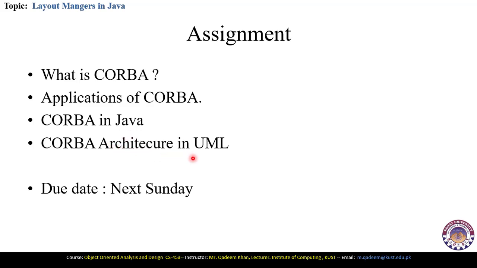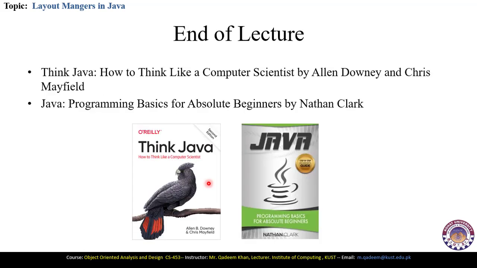And also the CORBA architecture in terms of UML. This is very important. How is the CORBA architecture defined in UML? It means how many classes are involved, what are the relations of these classes, and you have to completely define what CORBA is and its architecture in UML. And after the exam you have to submit this assignment.